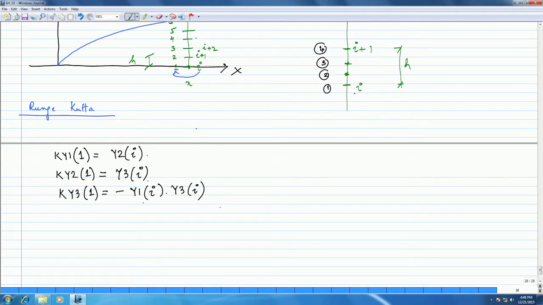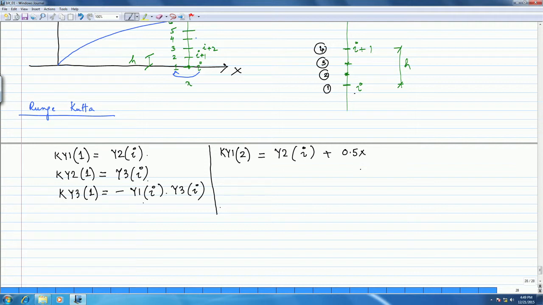Then we are going to move to the next point, which is 2. This is very interesting. All we do here is we say ky1 at 2 is equal to y2 at I, or you could write ky1 1, which is the value from the earlier step, plus 0.5 into delta eta.